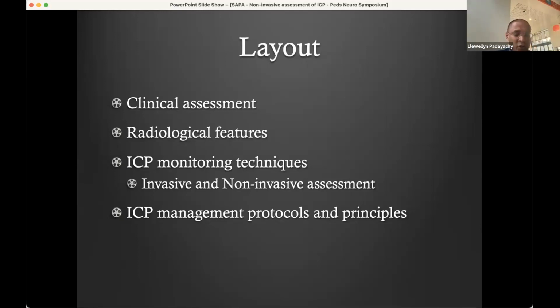I'll show how these invasive techniques are done and why there's such a drive towards developing a reliable non-invasive tool. And I'm going to touch on some of the ICP management protocols and principles, but I think Ronald is going to focus that very much on a sort of TB management protocol. So I hope we stimulate some debate there.